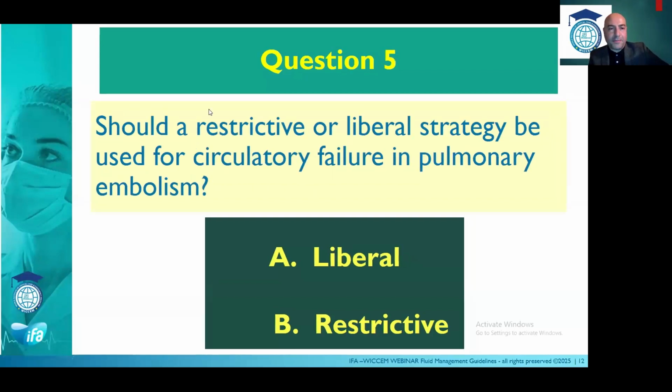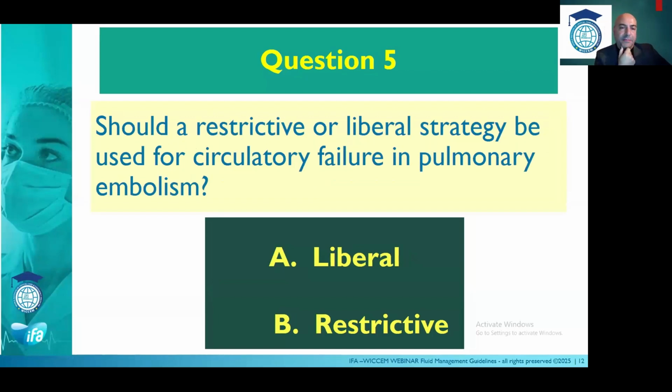Question number 5. Should we be restrictive or liberal in cases of circulatory failure because of pulmonary embolism? If you have a patient with massive pulmonary embolism and circulatory shock who needs resuscitation, should you be liberal or restrictive?